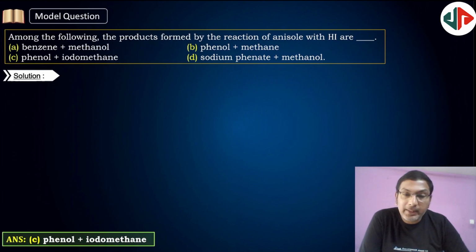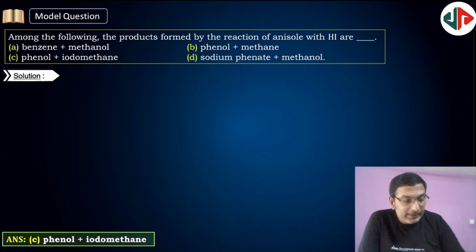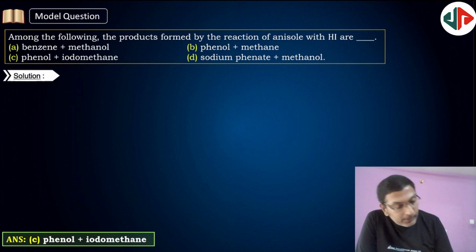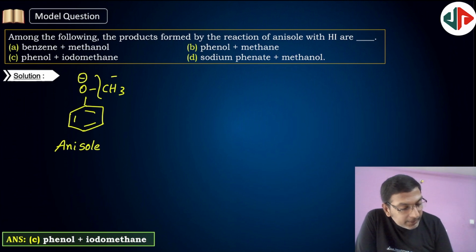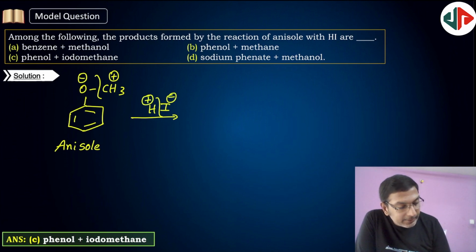Next. Among the following, the products formed by the reaction of anisole with HI. Anisole, methoxybenzene. The dissociation will be like this. Phenoxide is more stable. It reacts with H plus and I minus.